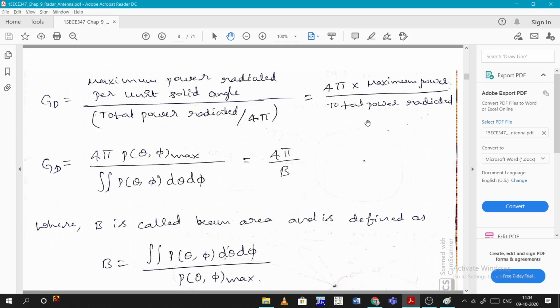So we equate this to 4 pi by B, where B is called the beam area. When you compare these two equations, B equals this integral term divided by P of theta comma phi max.